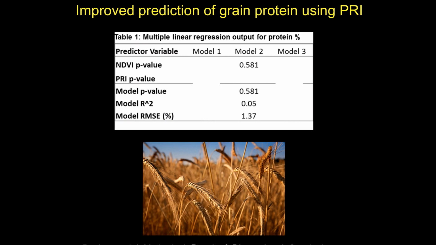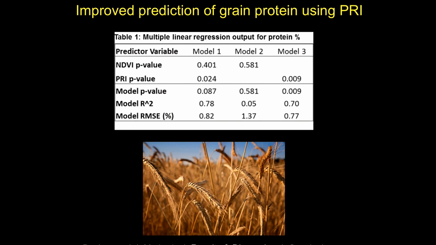But if we use the PRI, so this is summed PRI throughout the season up to heading, or during the heading stage, I'm sorry, we see that PRI alone is actually able to explain 70% of the variance in the grain protein signal, which is promising. If we combine the PRI with NDVI, we also see that PRI is really the only significant predictor here. Our model does improve, but not substantially.